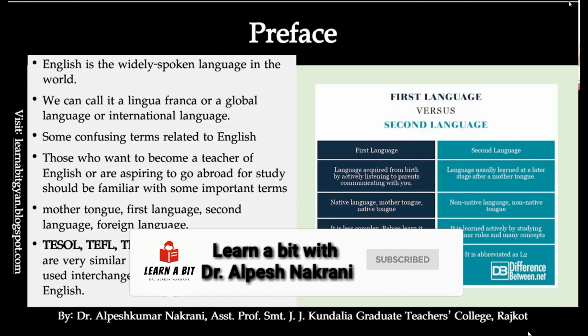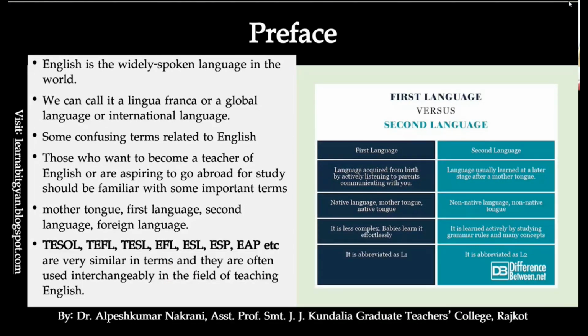But before going to these terms, we should be clear about the two basic terms, first language and second language. So what is our first language? First language is the language that is acquired from birth, and we have learned it by listening to our parents, communicating with them, and from friends, relatives and the society at large who communicated in that language with us.